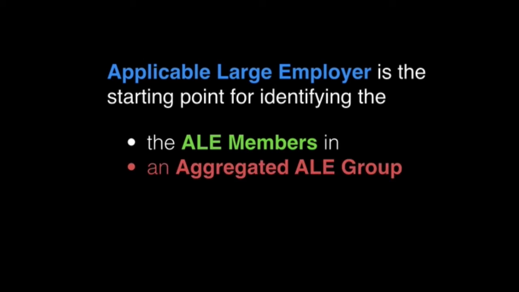Well, let's talk about the second label, Aggregated ALE Group. Okay. An applicable large employer is the starting point for identifying the ALE members in an aggregated ALE group. Okay. What comes after this? Well, this is the aggregated ALE group. Bang, that must be a big group. It looks like it is. Okay. What is an aggregated ALE group?